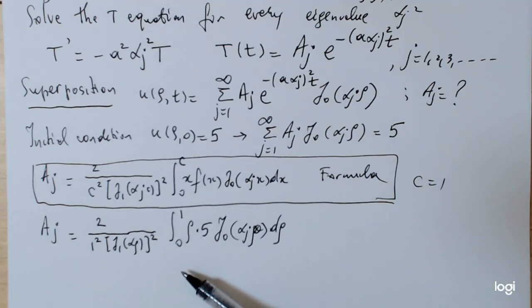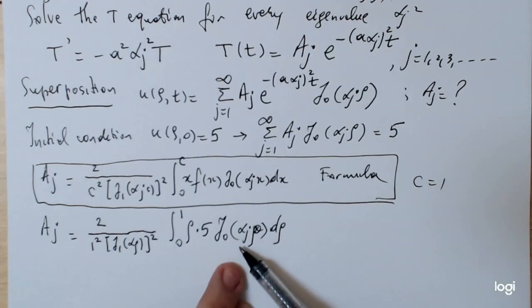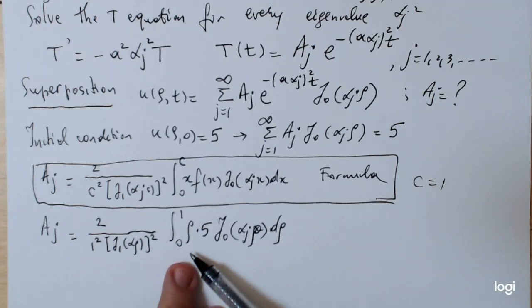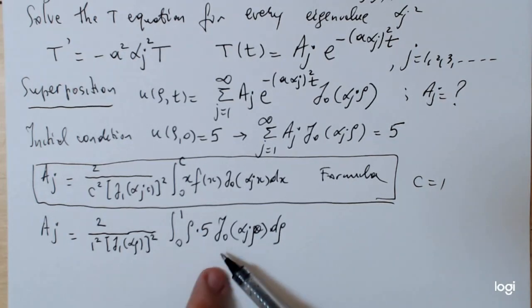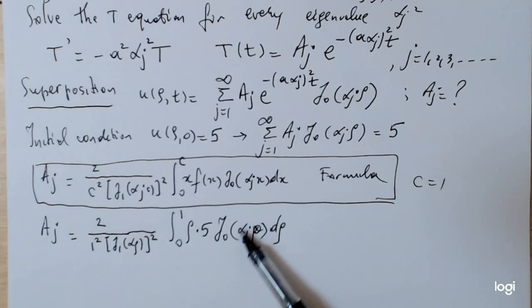So this is the time to remember that rho J naught of something can be written in terms of a derivative. Remember we had those rules in terms of x J naught of x or x J1 of x prime. One specific step that I would advise you to do at this point, because it will make it easier to apply those formulas, is to make a substitution so that J naught is evaluated at a new variable, so that we have J naught of x, not some constant times the variable itself.